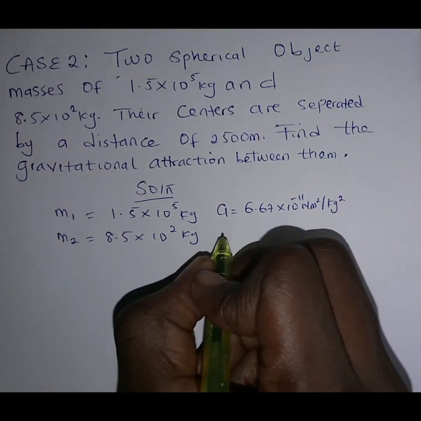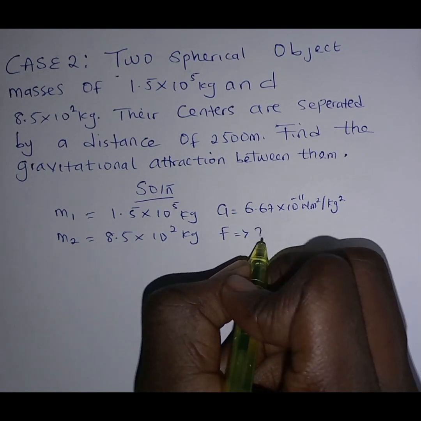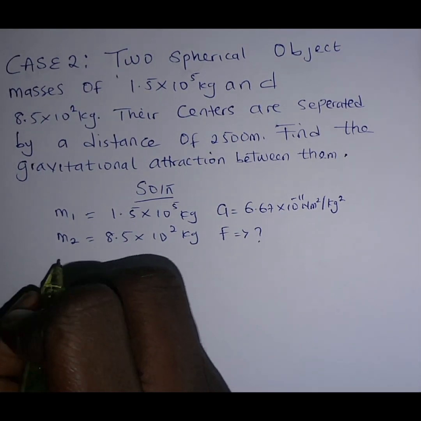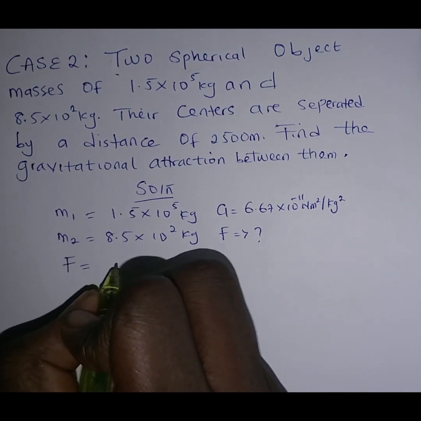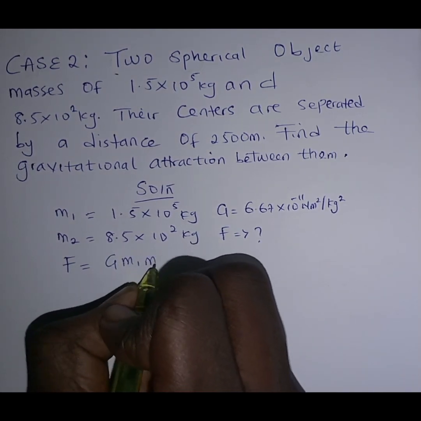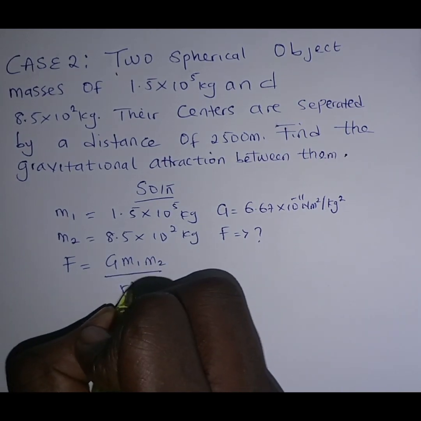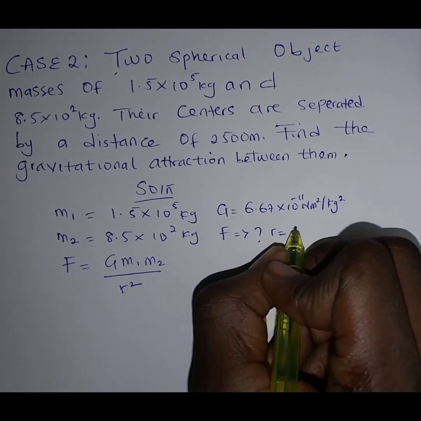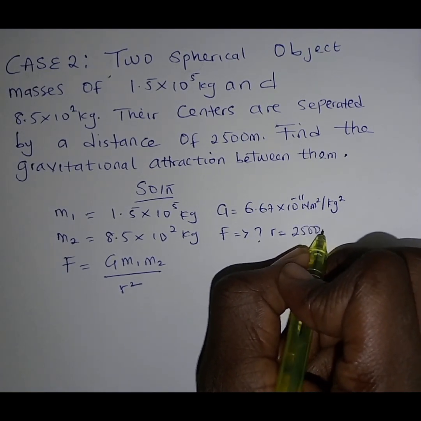And we are asked to look for the force of attraction between the two bodies. Now to do this is very simple. By formula, you know force of attraction equals to G m1 m2 over r square. And don't forget you are given distance, and the distance is 2,500 meters.